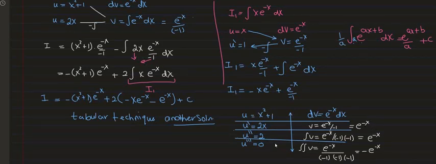So now we can write the solution directly using that table, where we would multiply u times v. So the integral is going to be u, x squared plus 1, this u times the v, which is e to the power of negative x, minus that diagonal, so minus, and that diagonal is 2x times e to the power of negative x.